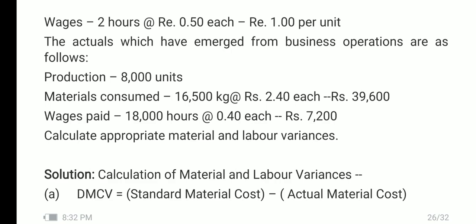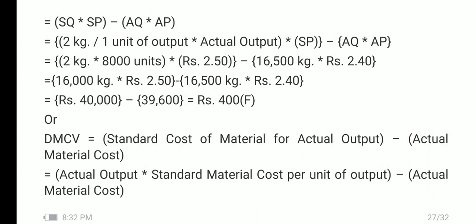Now, let us consider calculation of material and labor variances. One by one, DMCV is equal to standard material cost minus actual material cost. SQ into SP, that is standard material cost. For 1 unit of output, 2 kgs of materials are required. 2 kg per unit of output into actual output will give us standard material cost.